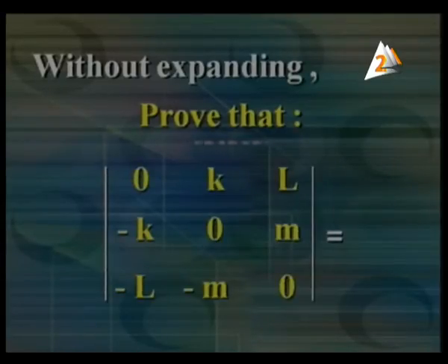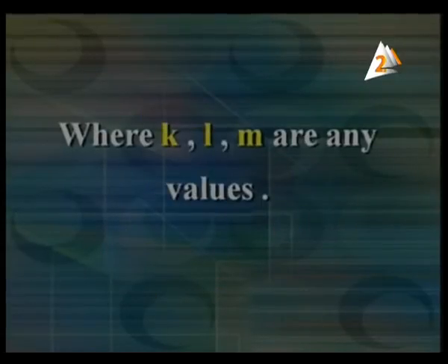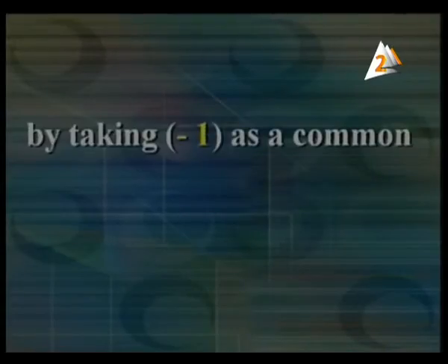Without expanding, prove that the determinant of third degree equals 0. Look at the determinant 0, K, L; negative K, 0, M; negative L, negative M, 0, equals 0 without expanding, by using the properties, where K, L, M are any values.